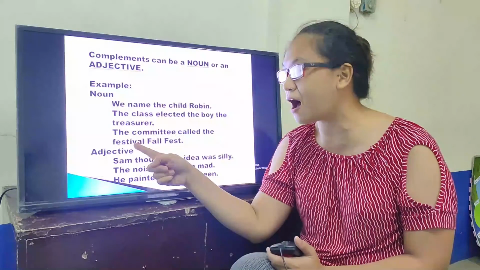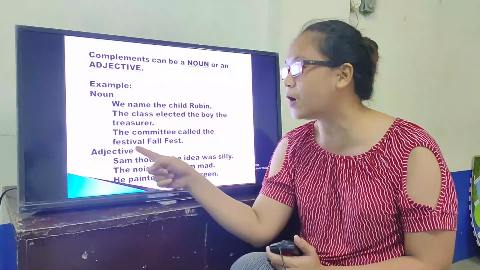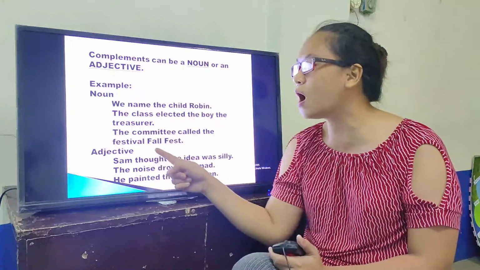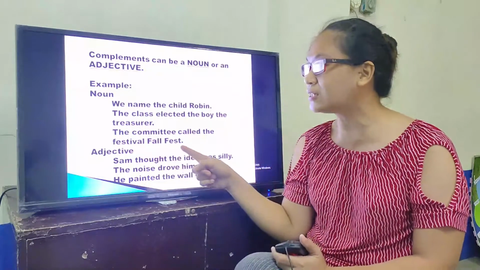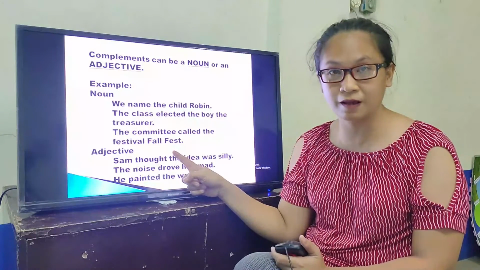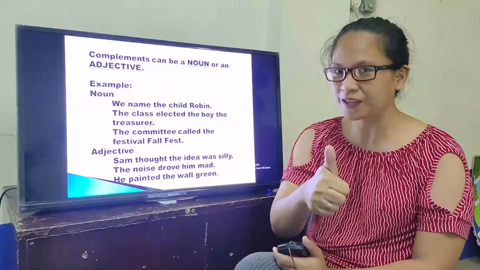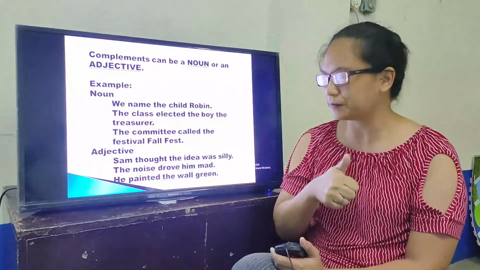So it modifies or describes the object, which is the festival. So definitely this one complements the object. So that is why this is the object complement. Okay? Clear? Good job. You are a good listener.